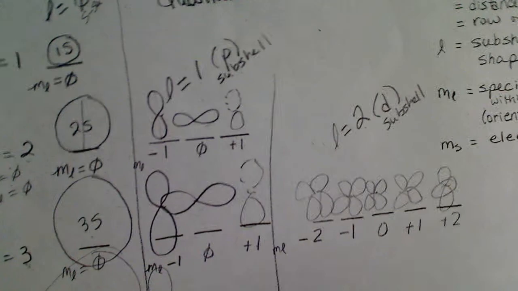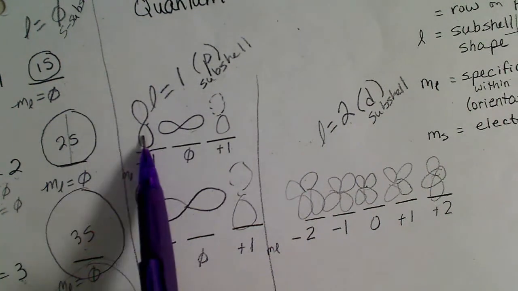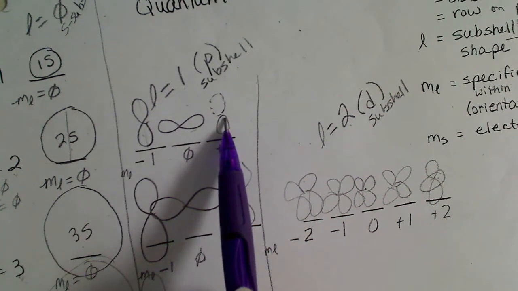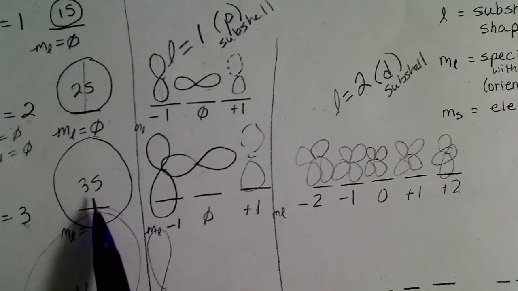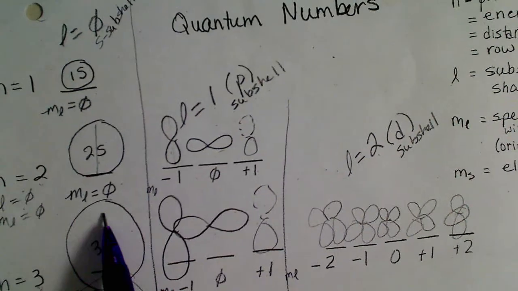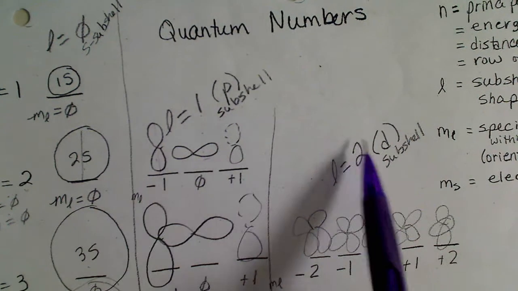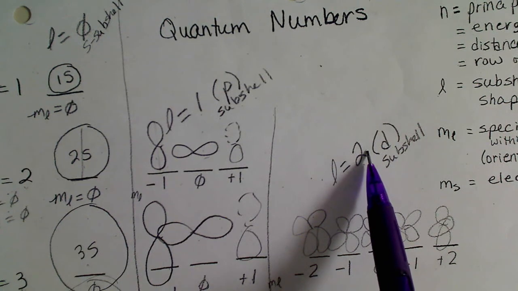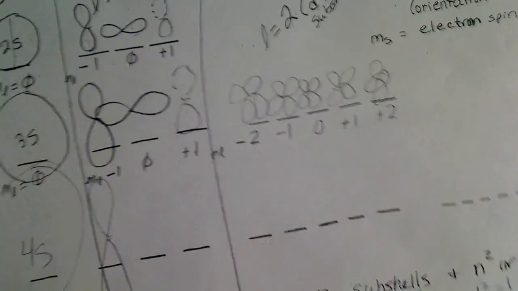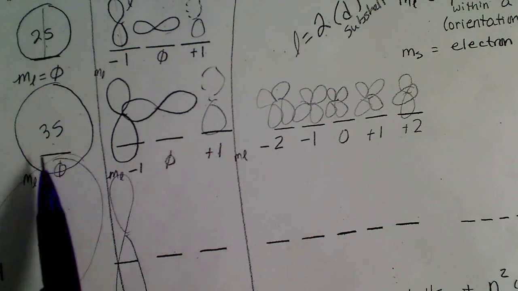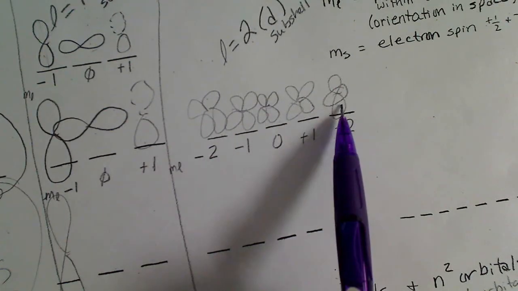So if we go back up to this diagram, we can count the orbitals. Here's 1, 2, 3, 4. So when n equals 3, there's 1, 2, 3 L values, but we start counting at 0. And there are 3 squared, or 9 orbitals: 1, 2, 3, 4, 5, 6, 7, 8, 9.